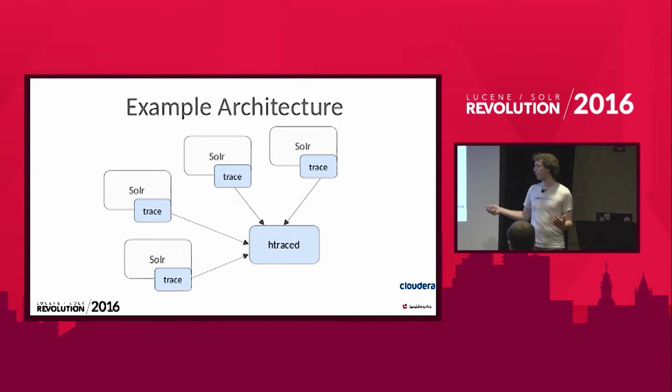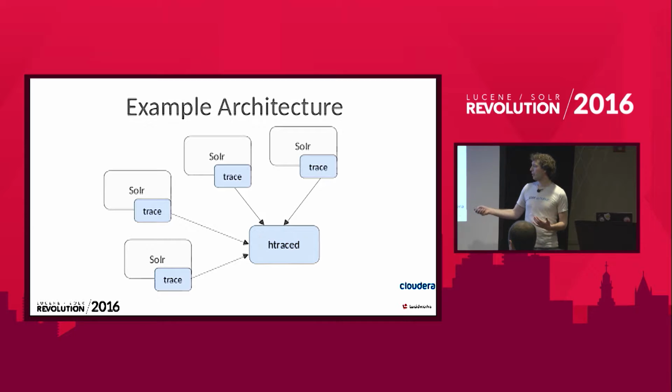What does this look like for Solr? Well, we can say we have 3 or 4 Solrs. One of these could be a different application, like your client, your indexing tool that's also generating these traces. And HTrace comes with a daemon called HTraceD, very creatively named, that will collect these.